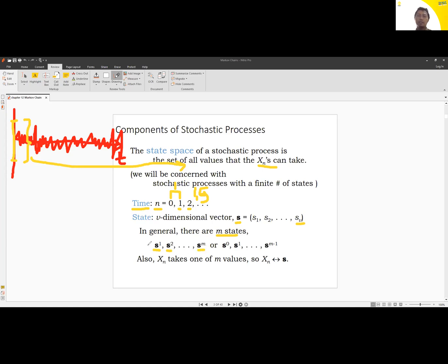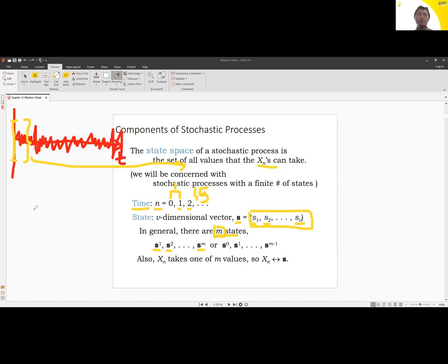The m states mean m combinations, because you can see here the bold S consists of a d-dimensional vector representing the value of each element, and the combinations of these, from 1 until d, can be defined as m states.